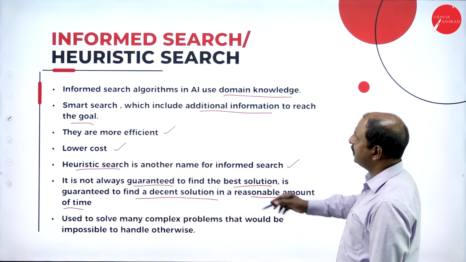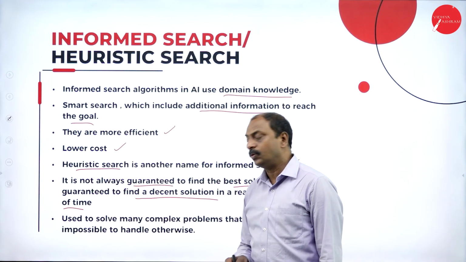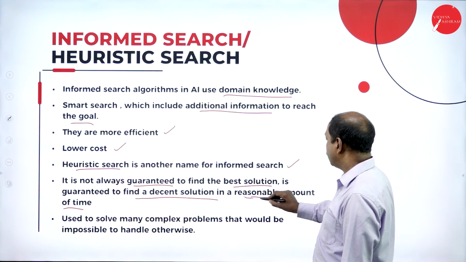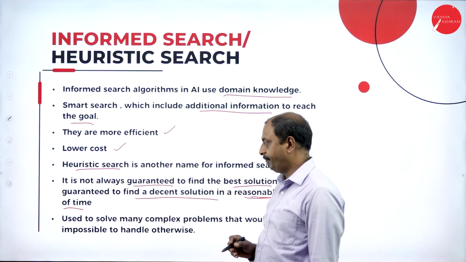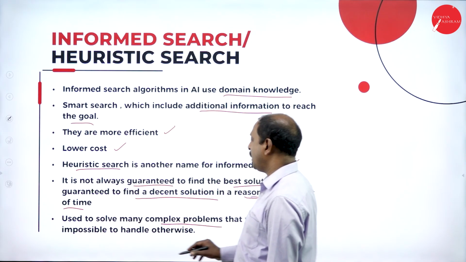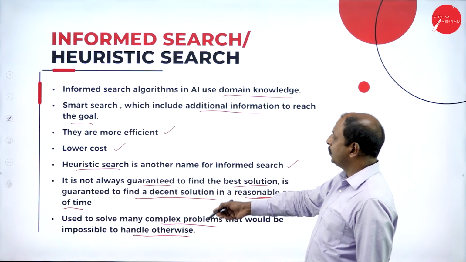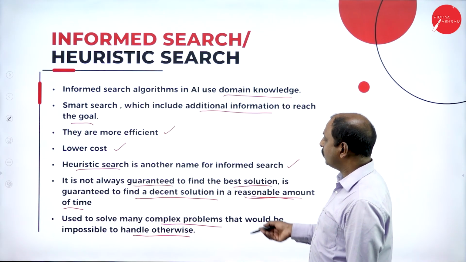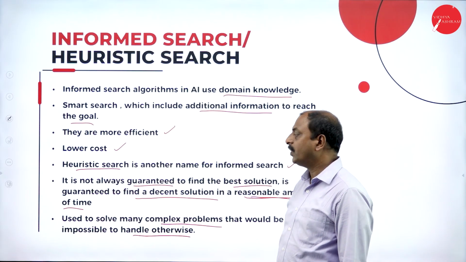So this informed search algorithm may not guarantee the best solution, but it is going to provide a solution within the time limit or within a reasonable amount of time. It is used to solve many complex problems that would be impossible to handle otherwise. It means it is possible to use the same algorithm for different applications, including those which cannot be done using other types of algorithms.